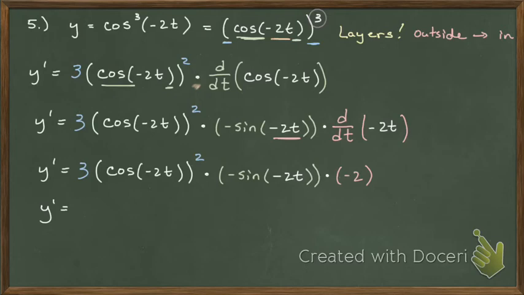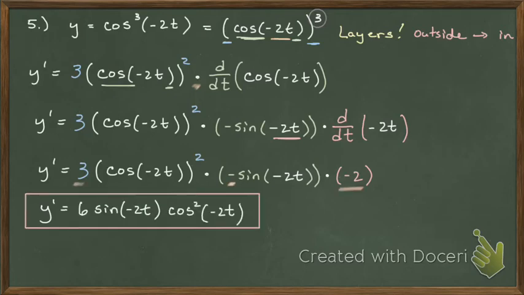So we can collect things a little bit here and make them a little nicer. I don't really have 3 derivatives here. It feels like it. I just have layers. So the derivative, y prime, the first derivative of this big composition of functions, this multi-layered function, is just 6 sine of minus 2t times cosine squared of minus 2t. So I can multiply.